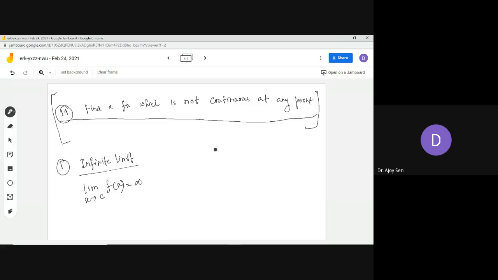And two, limit at infinity, this thing, limit x tends to infinity f of x. These two definitions or concepts you need to explain and you need to understand.